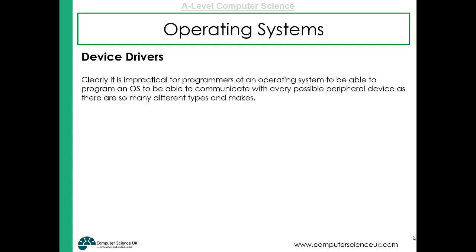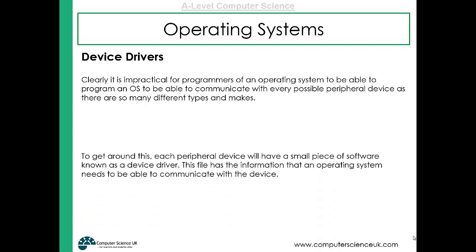All of these different configurations mean that an operating system has to be able to talk to all of these different devices, but you can only really write one operating system. So it would be impractical for programmers to write an operating system that can communicate with every single possible peripheral device, as there's so many different types and makes.